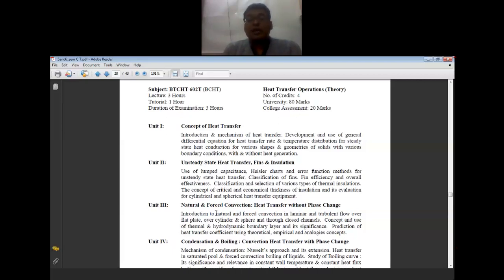Not only that, the analogies concept, the correlations, that is also used. So the three different types of equations we are dealing with in this, and that is all in terms of the different numbers, like your Nusselt number, Grashof number, Prandtl number, Stanton number, all these different numbers we are dealing with in these equations.